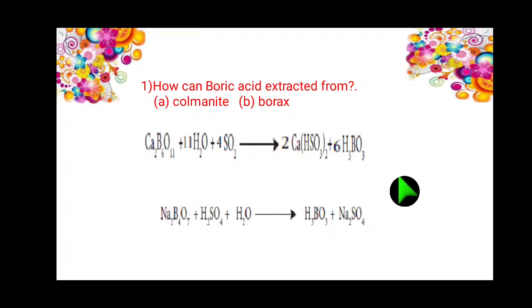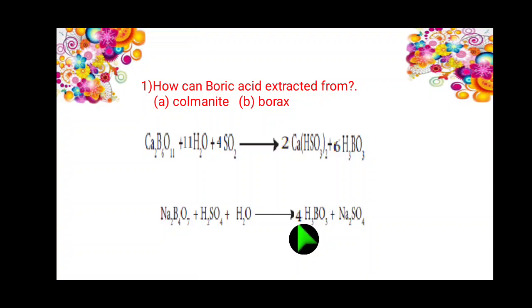The second equation, from borax. Na2B4O7 reacts with sulfuric acid and water, that also gives boric acid H3BO3 and sodium sulfate. This equation is unbalanced, so we will see the balancing. Boron left side 4, right side only 1, so make it 4. Now you see the hydrogen.